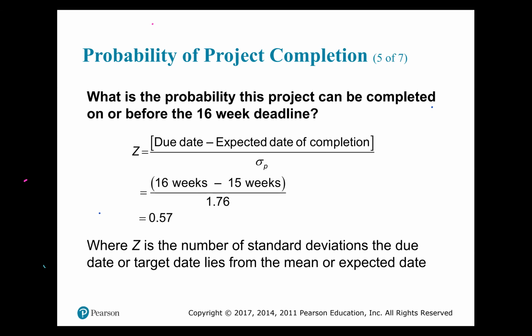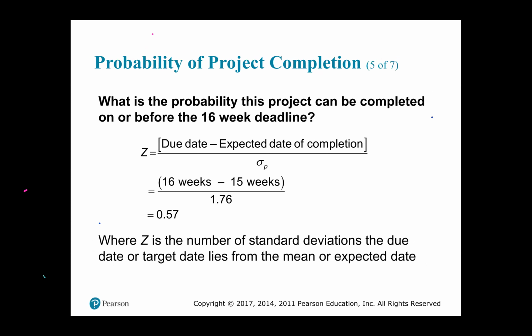So to find the probability of completing the project within 16 weeks, you would employ that same Z value table that you would use in your statistics class. If you don't remember, now is a good time to pause and get a little review of it.